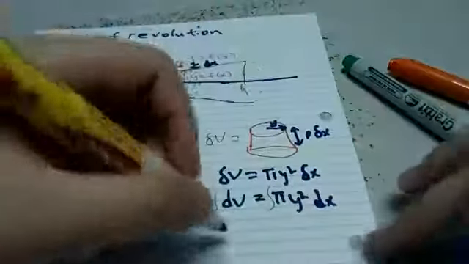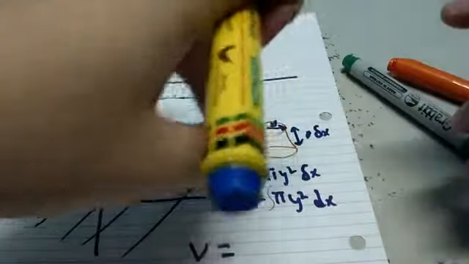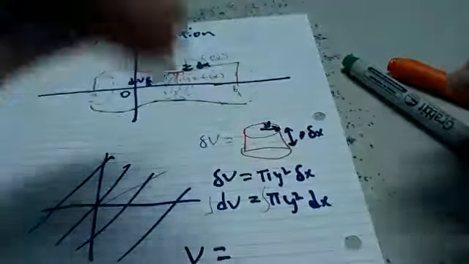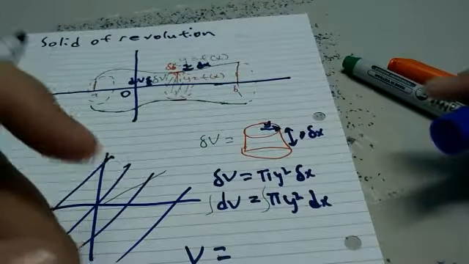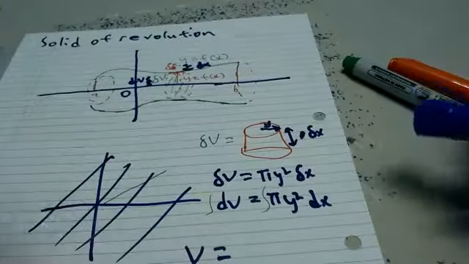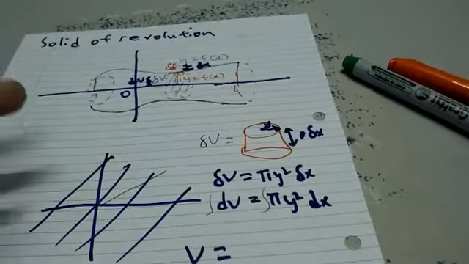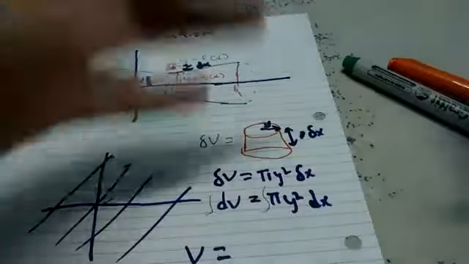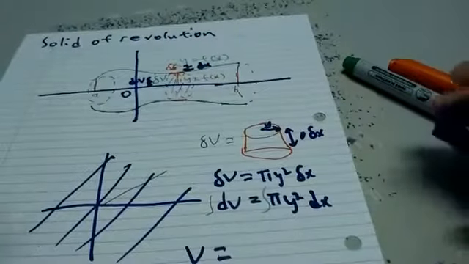So V is equal to... but wait, we cannot simply integrate like this, because an indefinite integral gives us a function. The problem is that I want a number, because we are talking about volume. Volume is a number, not something with unknowns.